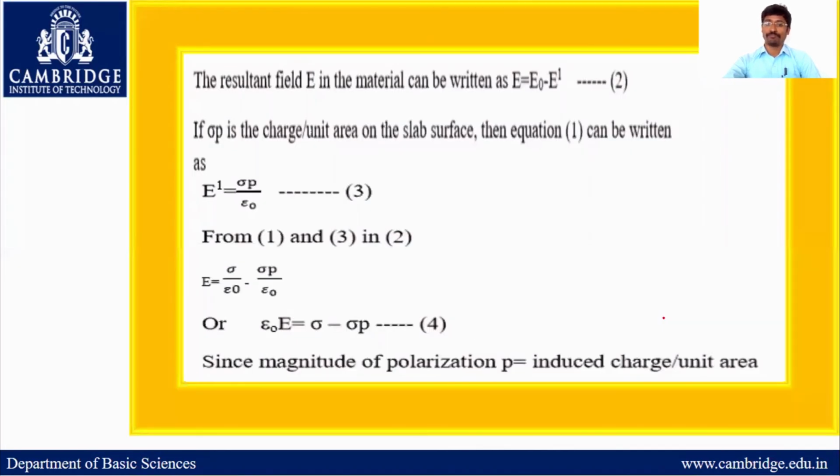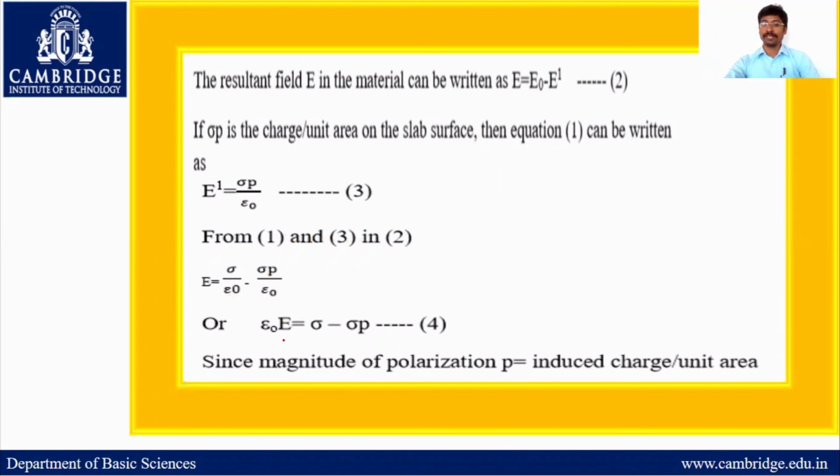Now, if you observe the diagram, in the dielectric slab, E naught and E dash are the fields. The resulting field E in the material can be written as E equals E naught minus E dash. If sigma P is the charge per unit area on the slab surface, the equation can be written as E dash equals sigma P by epsilon naught. Now substitute equations 1 and 3 in equation number 2. E equals sigma by epsilon naught minus sigma P by epsilon naught.